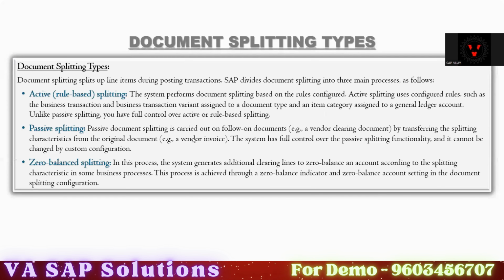Active splitting, passive splitting, zero balance splitting. Document splitting of line items during posting transactions: SAP divides document splitting into three main processes. Active splitting: the system performs document splitting based on the rules configured. Whatever configuration we have done, based on that it will split the line items.